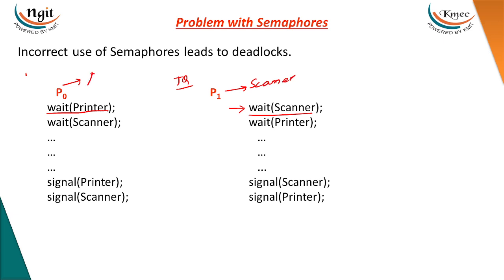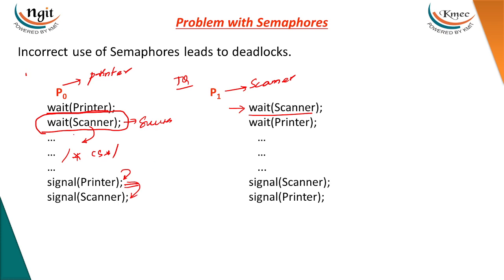The problem here is that only when the wait function is successful will it go to the next step. The signal operation is placed after entering the critical section, that is, after using both printer and scanner, and only then does it release the printer and scanner.